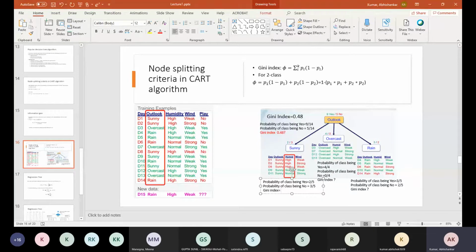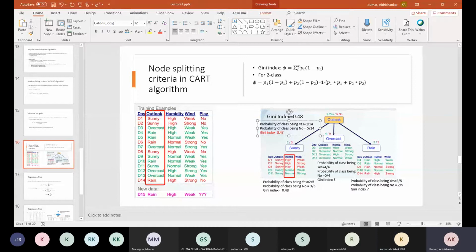How much have you calculated here? 2 by 5, 3 by 5, how much is it coming for Sunny? For Sunny, it is 0.48. Initially for Outlook also 0.48, but for Outlook it is 0.4679, so 0.47 we can say.